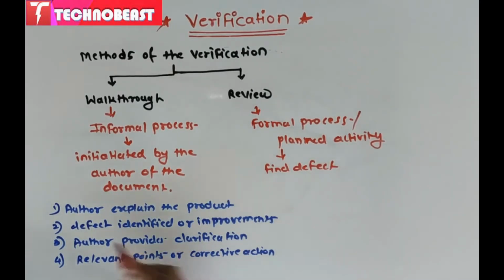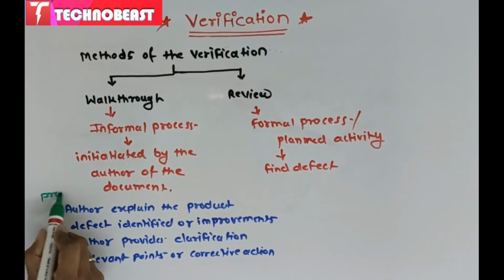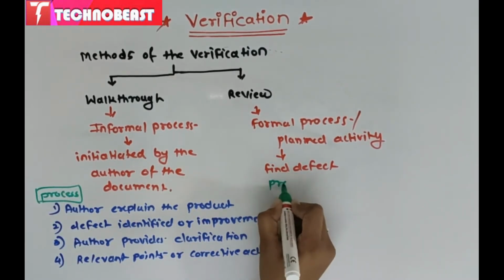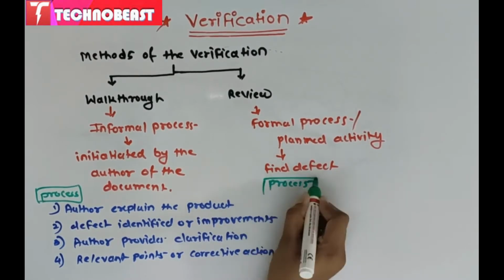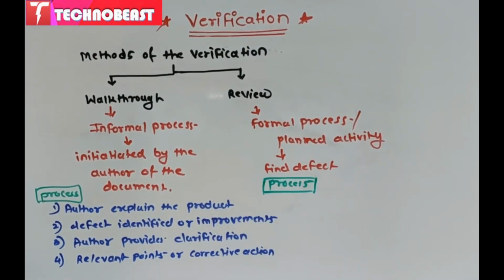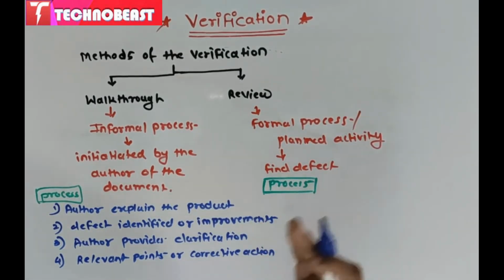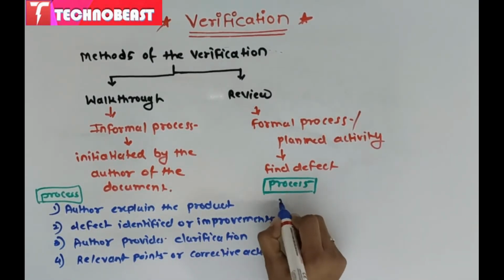Here also, as we saw the process in walkthrough, there is a similar process for the review method. In the review method, the first stage of the process is to read the content of the document or check the code.